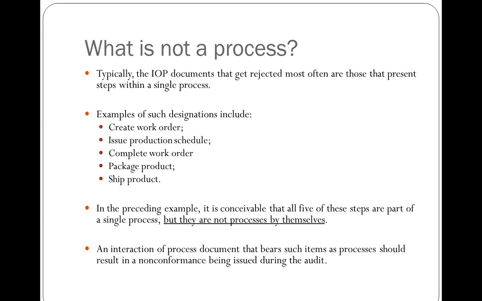In this example, it's conceivable that all 5 of these might be part of a single process, but they are not processes by themselves. An interaction of process document that bears these types of items as processes should result in a nonconformance being issued during the audit.